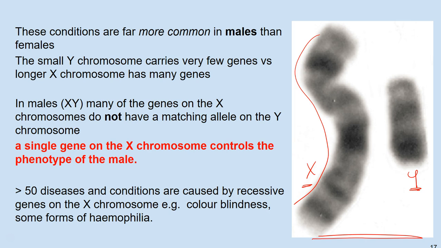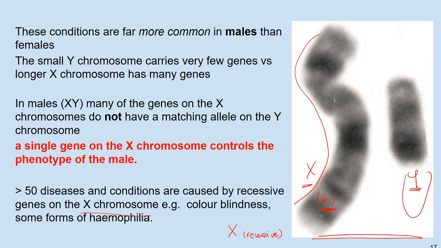So there are greater than 50 diseases and conditions that are caused by recessive genes on the X chromosome. Okay, so this is where we would have the recessive version being carried on the X chromosome. So in this case, if it was carrying a recessive version on the X, there is no other option on the Y, so this is the only form it would get, so the trait would be shown.